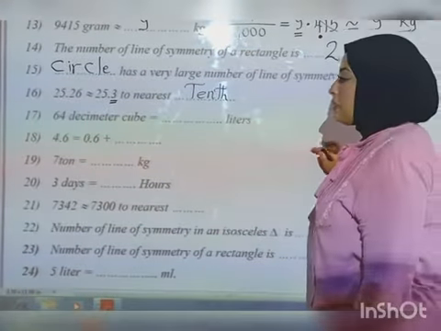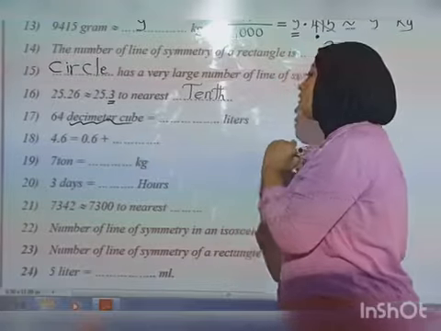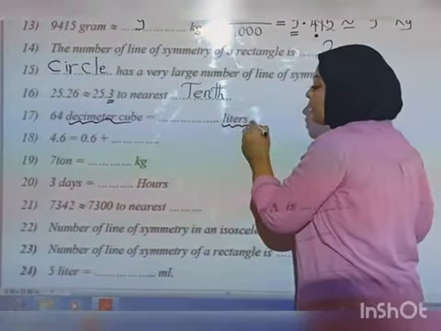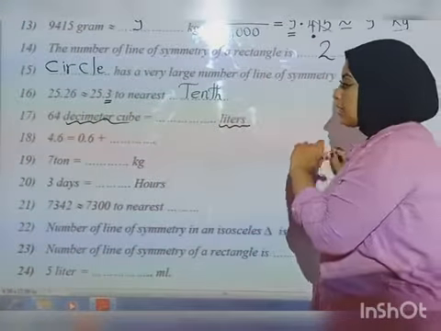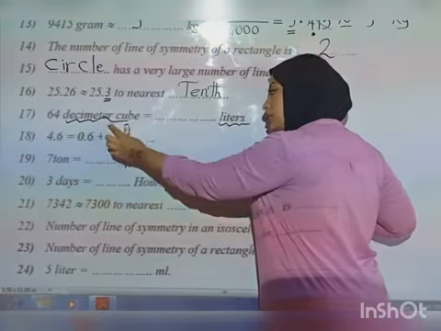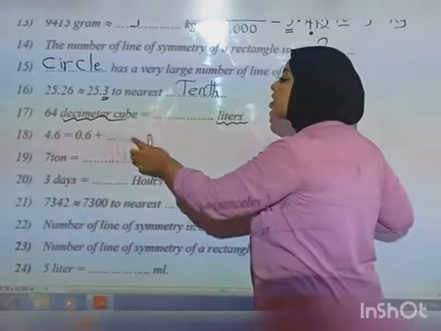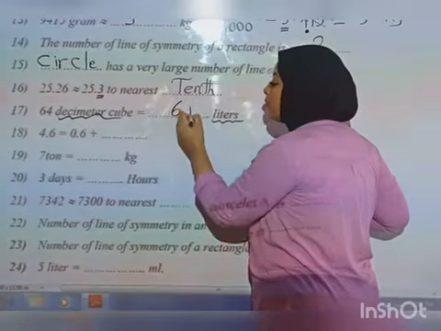Number 17. 64 decimeter cube equals how many liters? We know that the decimeter cube is the liter. 1 decimeter cube equals 1 liter. So 64 decimeter cube equals 64 liters.